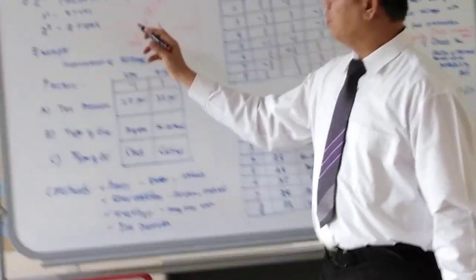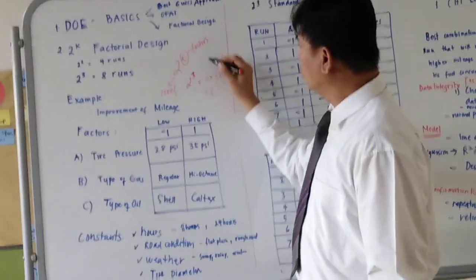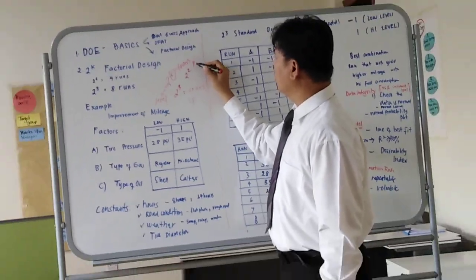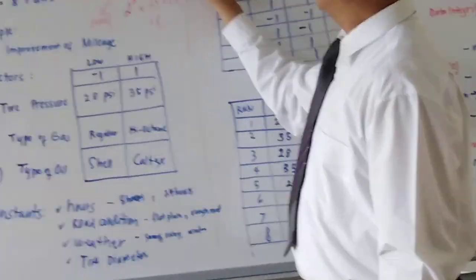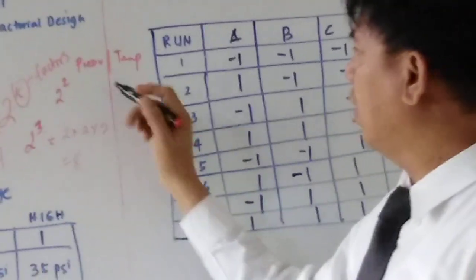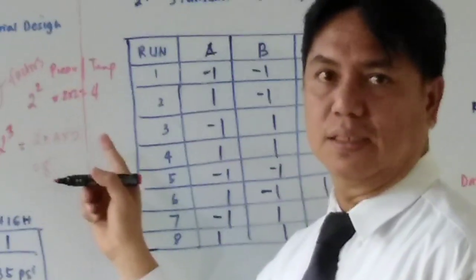If you have 2 factors, for example only pressure or temperature in another experiment, 2 to the 2, how many runs? 2 times 2, so 4 runs.